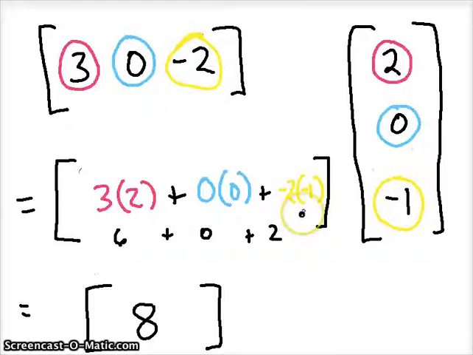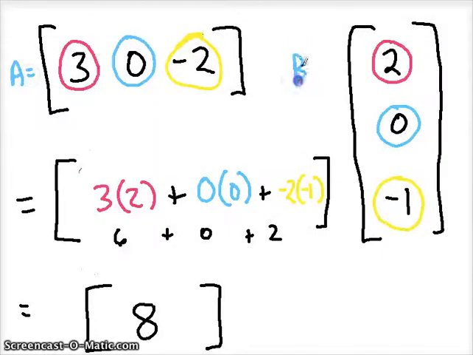In order to multiply matrices, let's say that I have a simple one here. I have a row matrix and I have a column matrix. The row matrix is called A, column matrix is called B. The way that I actually multiply is that I take the first entry in my first row and I multiply it by the first entry in my first column.